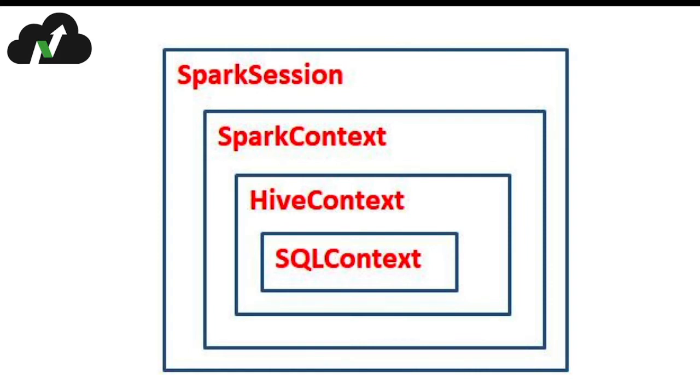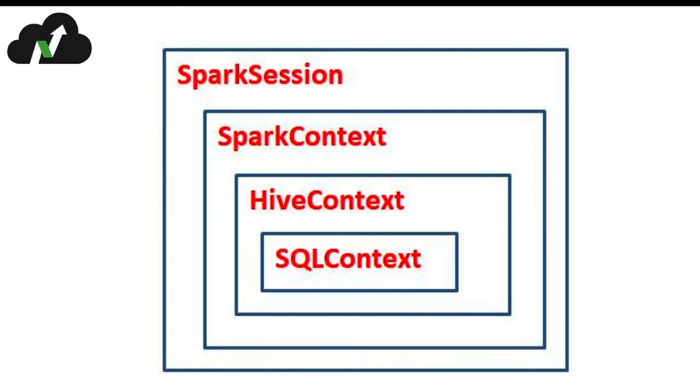In the previous lecture, if you remember, we saw that when we triggered a Spark shell, Spark itself gave us two objects, one Spark context and one Spark session. When we work in a programming language and IDE, mainly with the latest version of Spark, we are only going to interact with Spark session.